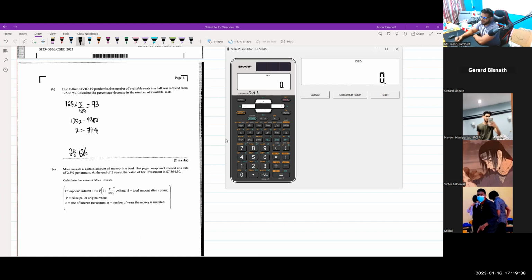It was 74.4. Oh, okay. 100 minus 74.4 is 25.6. So I get this full answer: 25.6%. That was the amount it was decreased by.